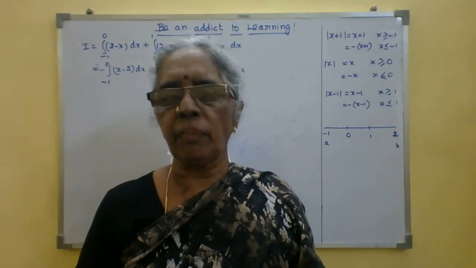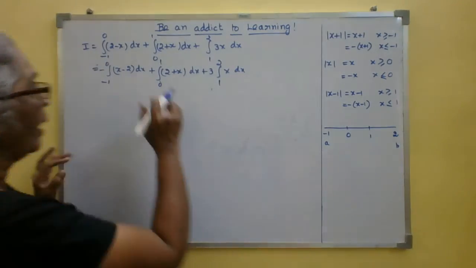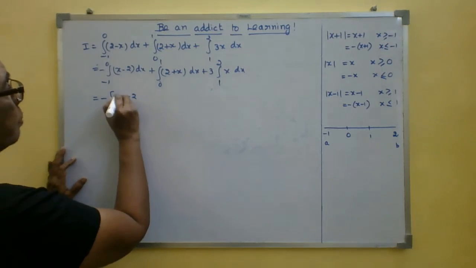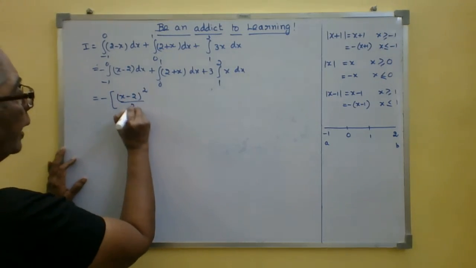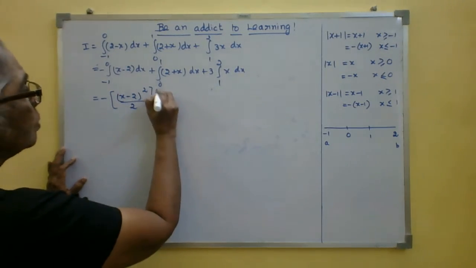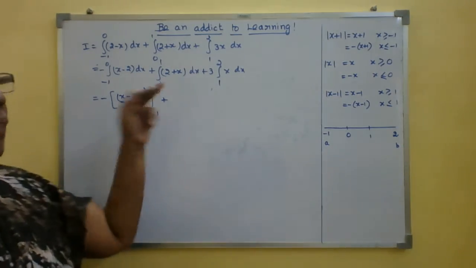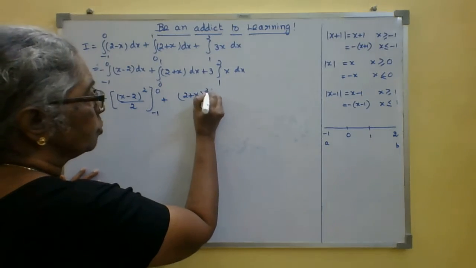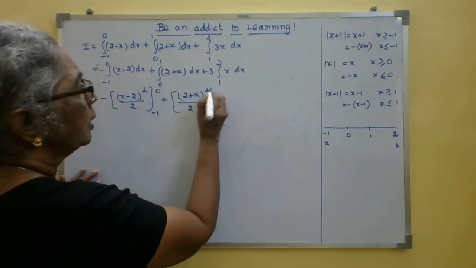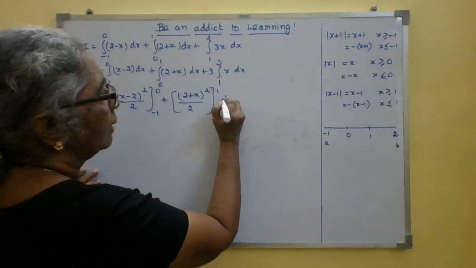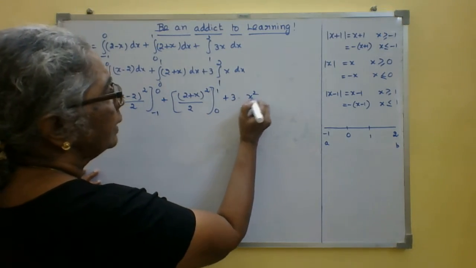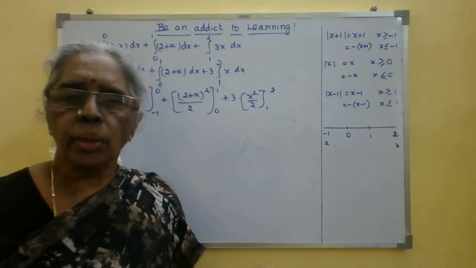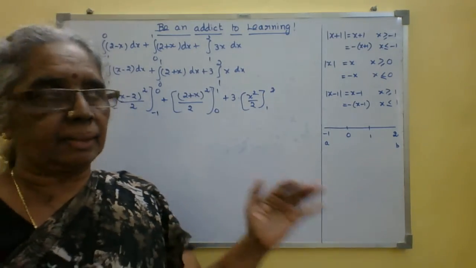That will be easy for me for the substitution of limits. So I will be getting minus, x minus 2 the whole square by 2 within the limits minus 1 to 0. Similarly for the second one I will be getting 2 plus x the whole square by 2 within the limits 0 to 1. And 3 into x squared by 2 within the limits 1 to 2. So you have got just 3 simple integral sums.